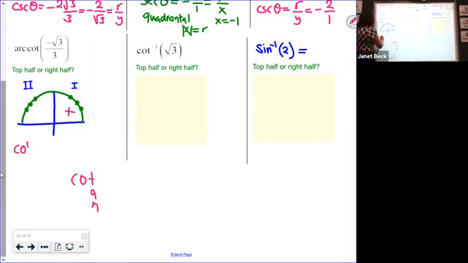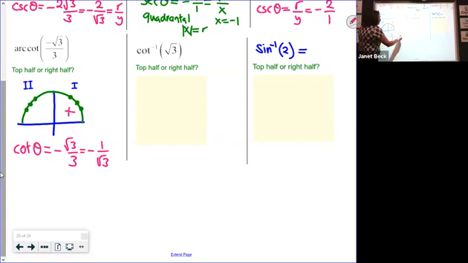I know the cotangent of my angle is negative the square root of 3 over 3, which would be much nicer if we wrote it as -1 over the square root of 3, unrationalizing that denominator. Cotangent is the ratio of x divided by y. Which one is negative when I'm in quadrant 2? Must be x. X is -1, y is the square root of 3.